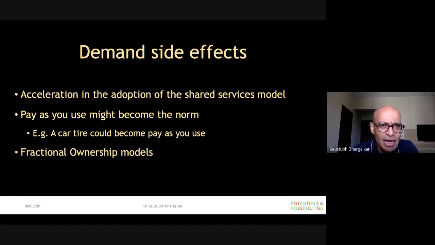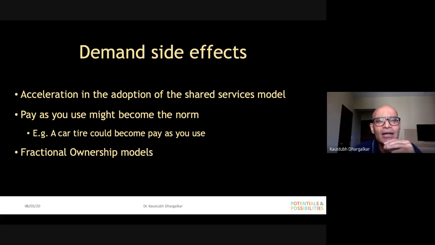These numbers are hypothetical, but it becomes a pay as you use kind of model. You let the consumer use it at a lower upfront cost, but from your side, you are making money throughout the lifespan of that product. The earlier model was one time, end of story.